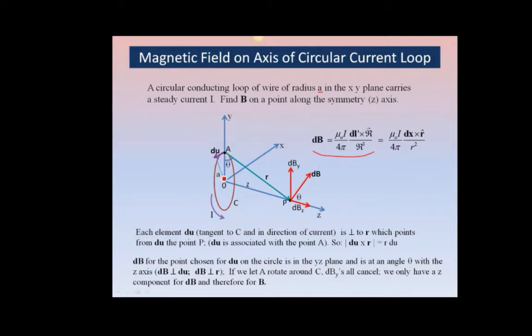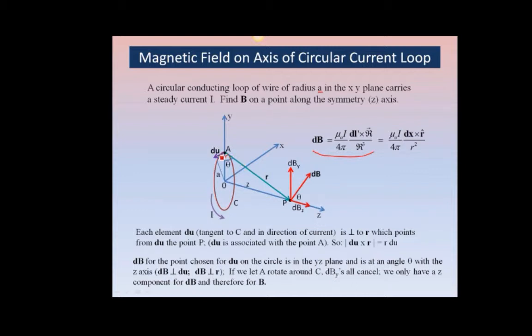So here's our radius a, here's the origin, here's our current, and here is the r vector, which is, remember, from the source point to the field point. So this is our funny r, which we're just calling r. If we take the vector du and cross it into r, notice that they're at right angles.